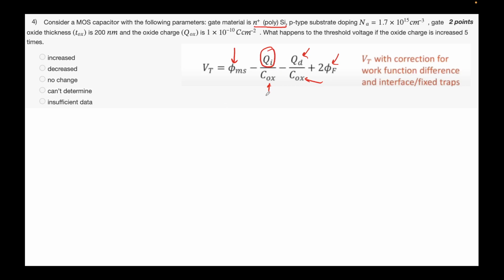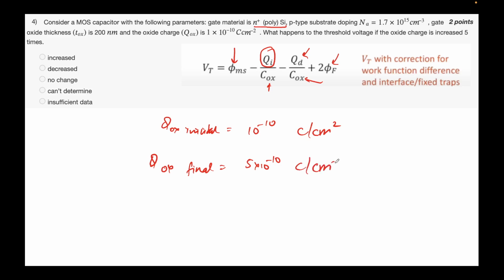So what's the QI? QOX initial was given to us as 10 to the power minus 10 coulomb per centimeter square, right? And now QOX final is 5 times this, so it's 5 into 10 to the power minus 10 coulomb per centimeter square.